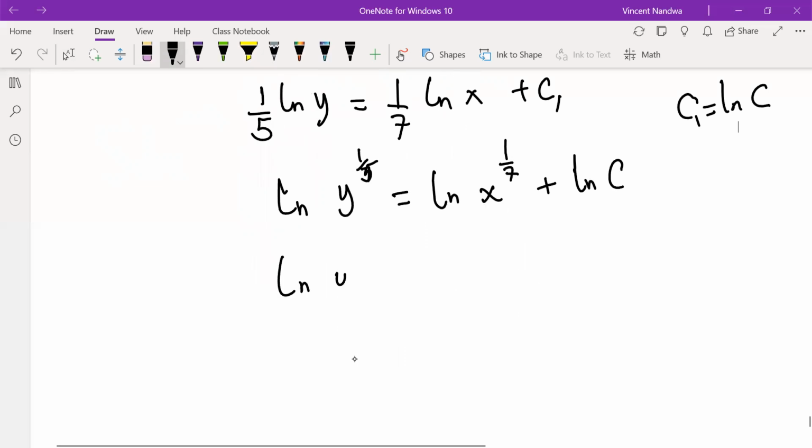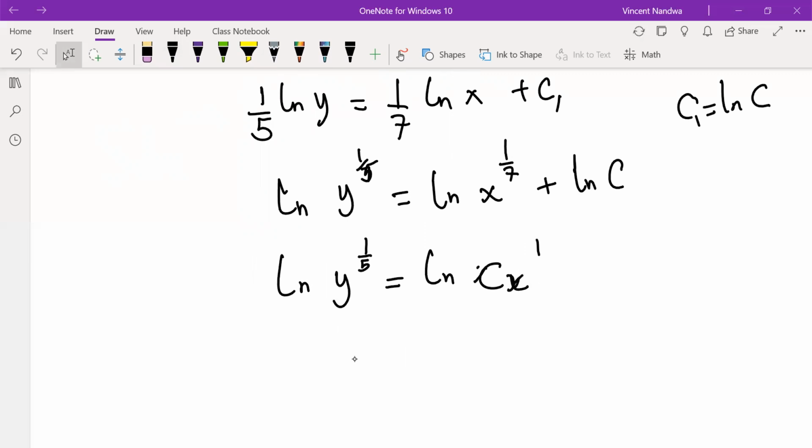So ln of y to the power 1 over 5 equals ln of, so laws of logarithms, this will be c x to the power 1 over 7. So this means y raised to the power 1 over 5 equals c x raised to the power 1 over 7.